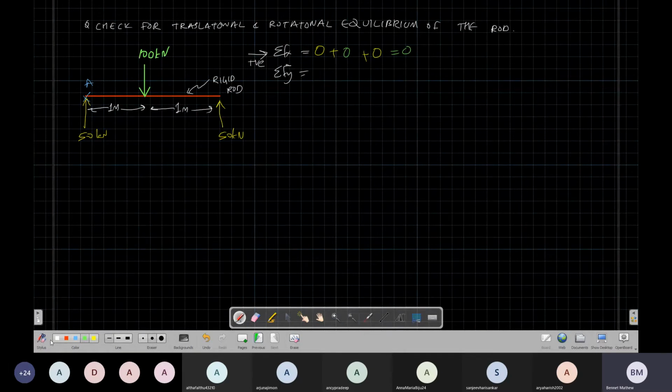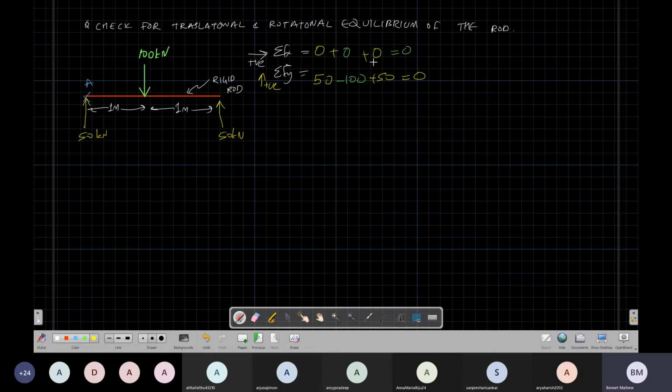Now, what about y direction? I'll take upward as positive. So I have a minus 50 here, and I have a plus 50 here. This also gives me 0.